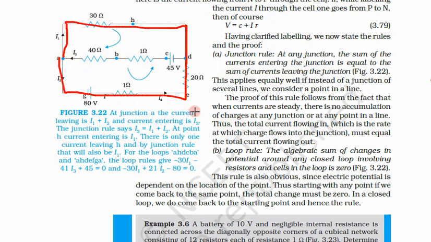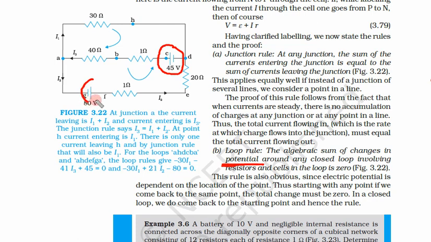So now let us apply this second rule. Please remember, here they are talking about potential or voltage. Batteries or cells directly give you voltage, so this 45 or 80 can be written directly. But how can you know the potential drop in any resistance?